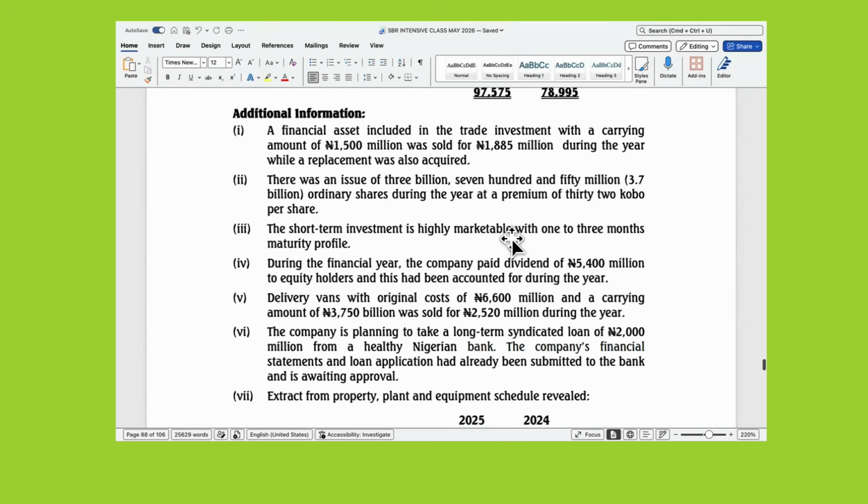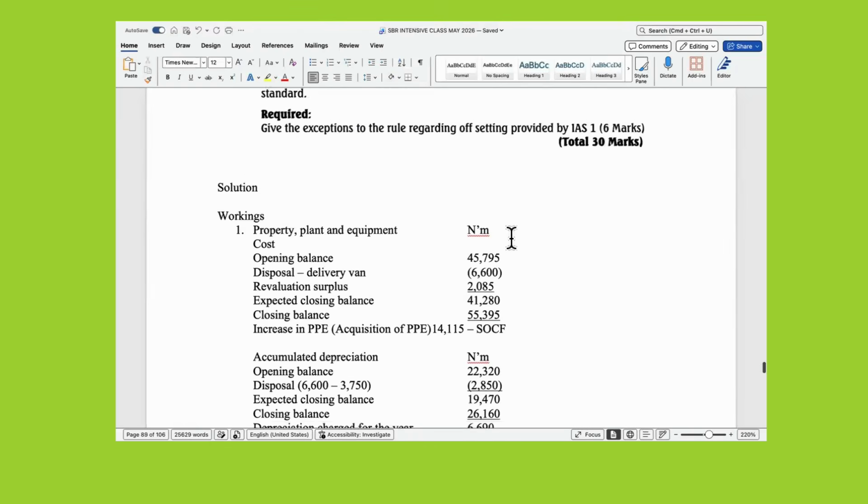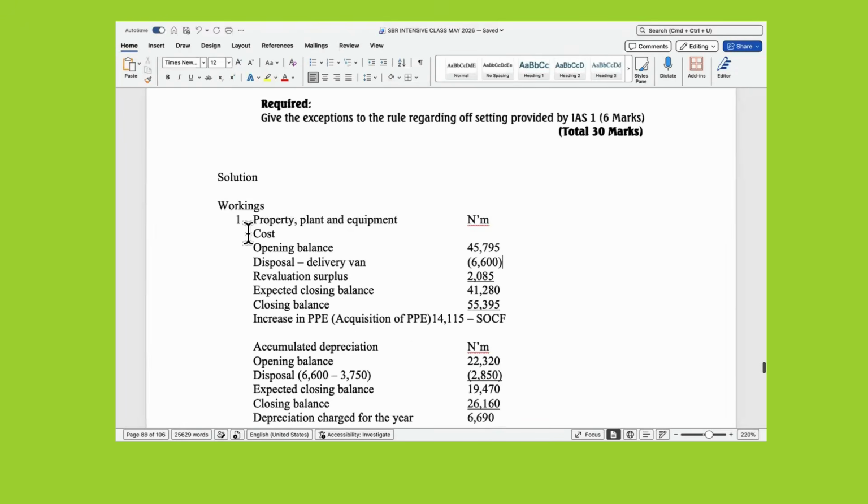I cannot assume that they bought. So aside from disposal and addition, what can cause movement again is depreciation. But since I'm treating depreciation separately, it's not coming to cost. I'm treating it under accumulated depreciation. It's not coming to cost.